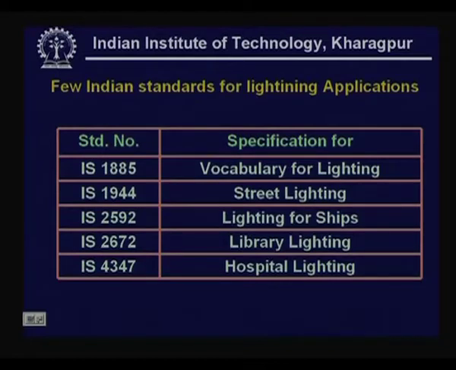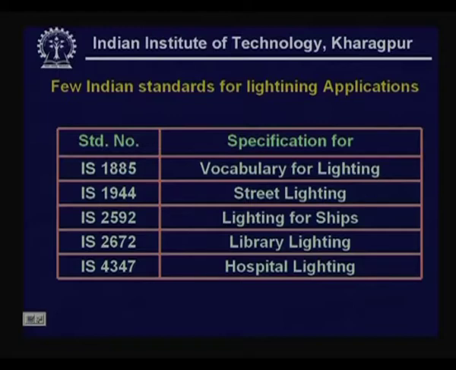As can be seen, the electrotechnical vocabulary for lighting is given in IS 1885, whereas the recommendations required for street lighting, in fact if you see carefully, though I have titled it as street lighting, it talks about recommendations for thoroughfares, that means streets, roads, etc., is in IS 1944.